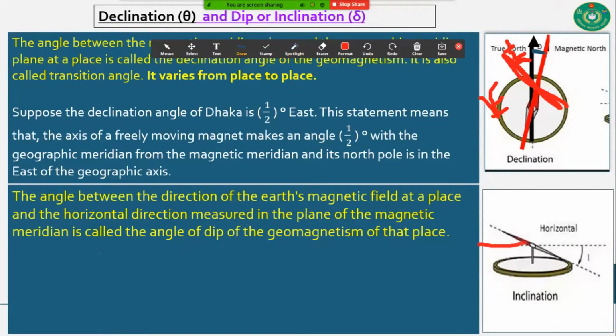This is our horizontal axis, and with this string, this compass or bar magnet is suspended here, and this bar magnet is hanging here at some angle, and this angle is defined by delta, and this delta is called angle of dip or inclination. Okay, let's see.